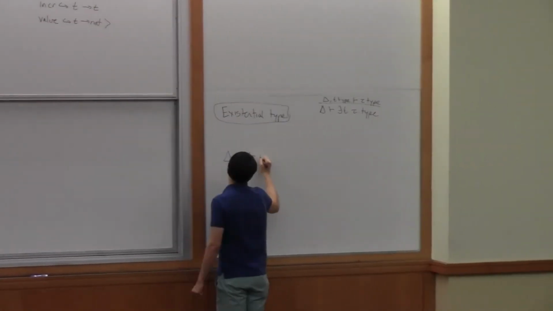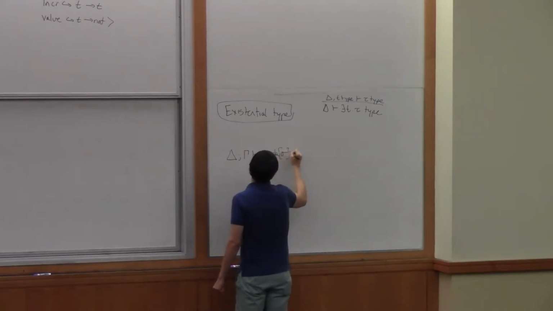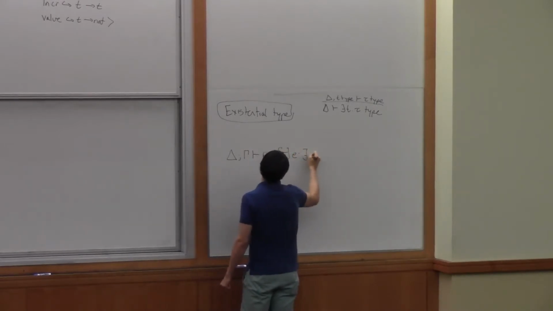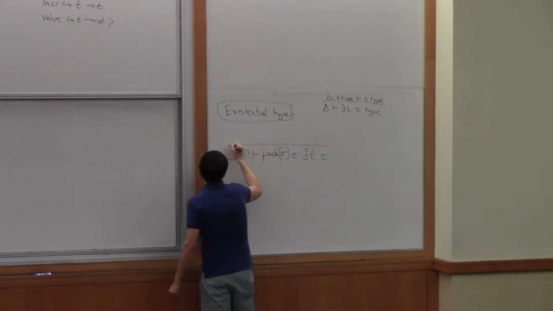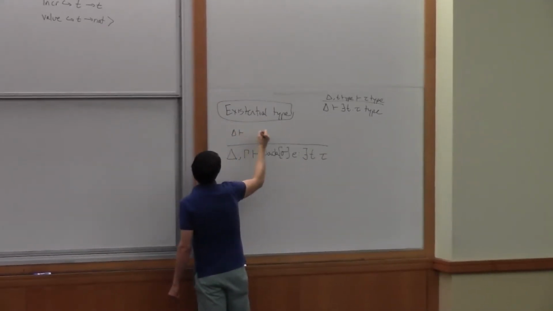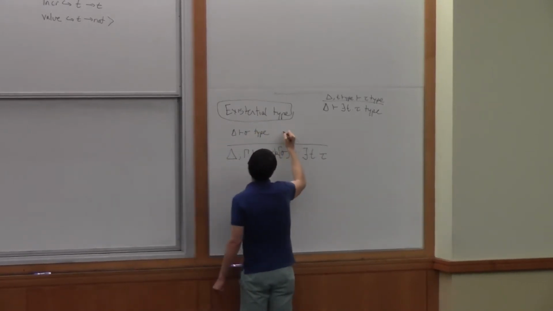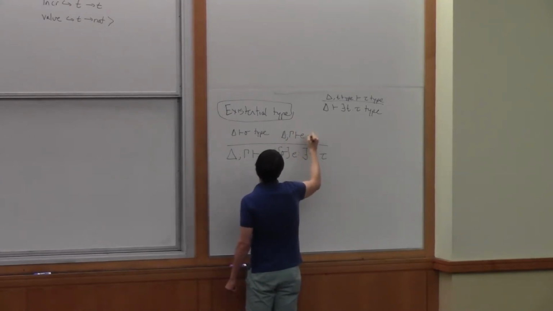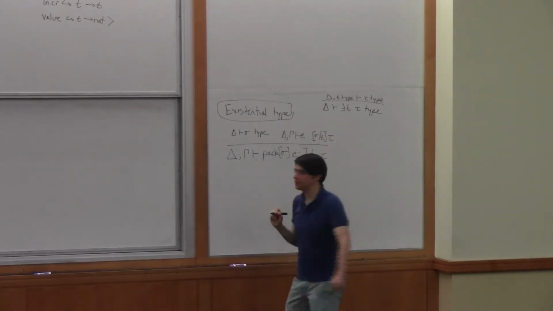Delta gamma proves pack sigma E has type exists T dot tau if delta proves sigma is a type and delta gamma proves E has type sigma for T in tau.